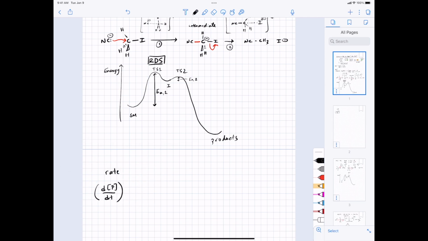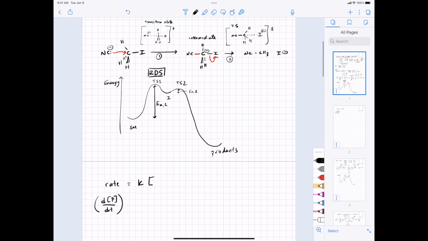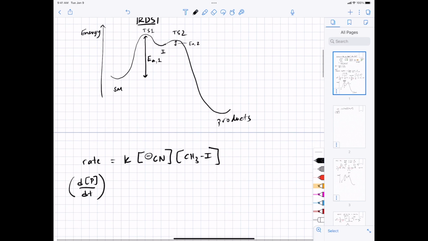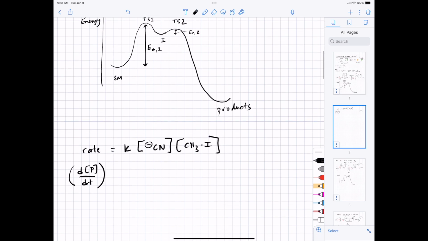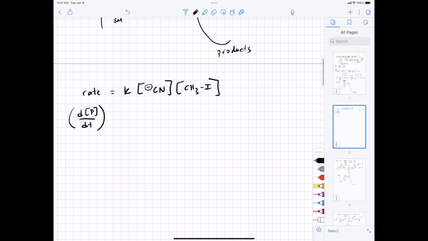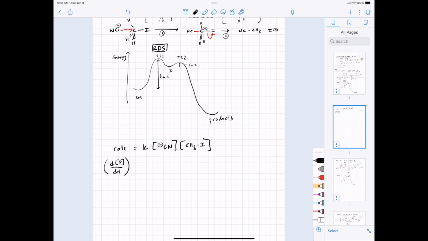We will say that the rate equals some rate constant times the concentrations of the molecules that are involved in the rate determining step. So in this case, both CN- and methyl iodide are involved in that first rate determining step. Okay, so let's talk about how you might interrogate whether this is true or not.